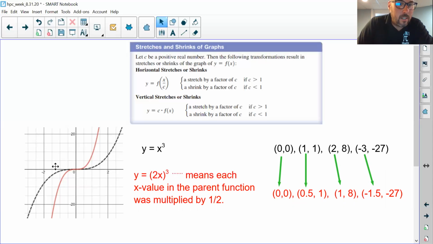You just need to go over to -1.5, and you'll still get -27. So all the x values got divided by 2. If this 2 were a 3, all the x values would be divided by 3. If this 2 were 1/5, 1 over 5, then all these x values would be multiplied by 5.